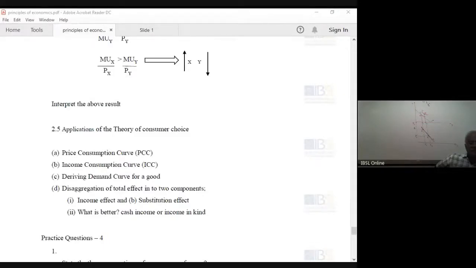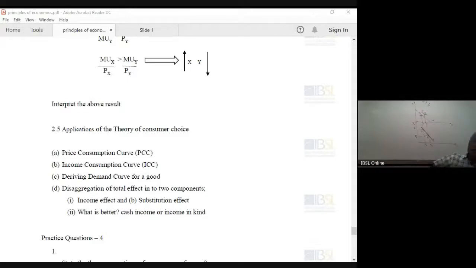So this indifference curve and budget line framework model helps us to draw the demand curve for good X. Another very important application.